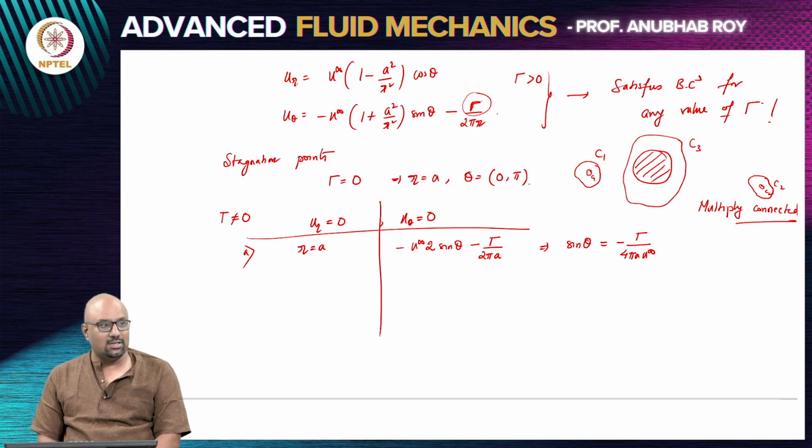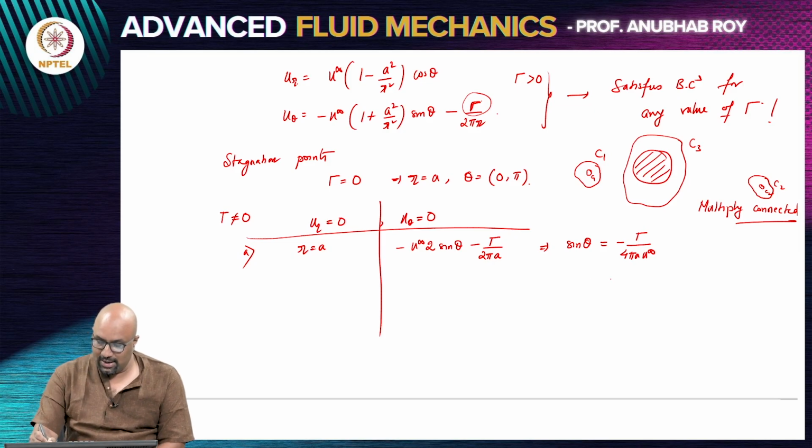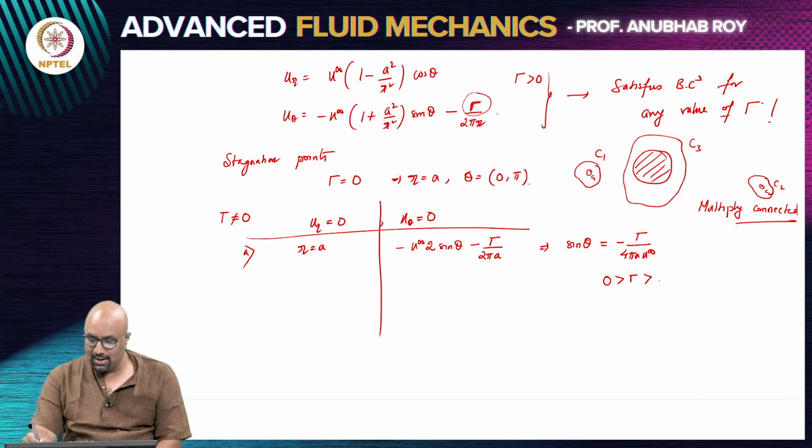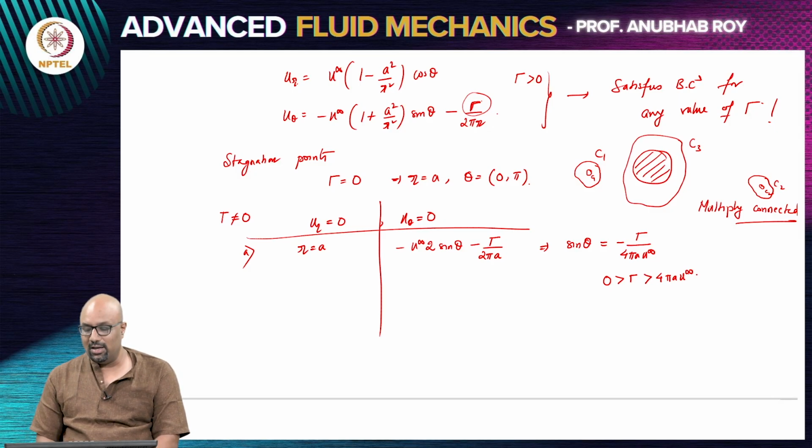Now, what happens when gamma is basically increasing? So, as gamma increases, so gamma basically keeps increasing, and as gamma increases, you can see there is a bound. The bound is basically 4 pi A U infinity, right?